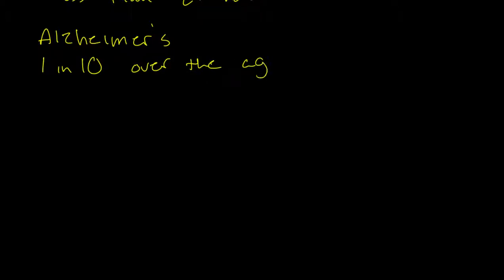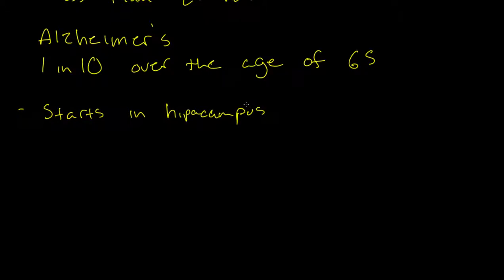Moving on to the diseases, there's Alzheimer's. It affects 1 in 10 over the age of 65. It starts in the hippocampus and then moves outwards.